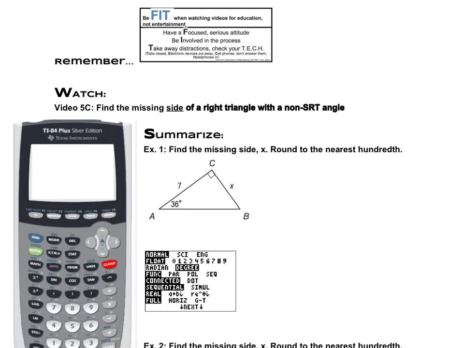So here we go. The first thing I need to know as I'm finding these missing sides is that I am basically going to be using a function. And a function, you guys, has an input and an output.